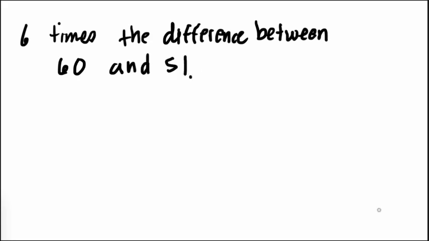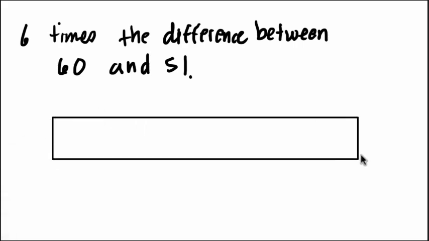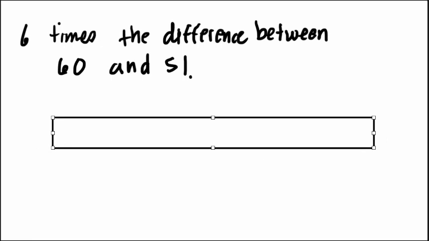We talked a little bit about this before, but if I asked you to draw a picture of this, how would that look? Well, 6 times the difference between 60 and 51, what that means is if we draw a square here, we could split this up into 6.